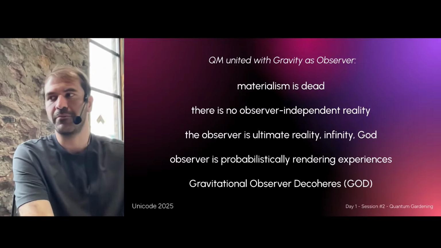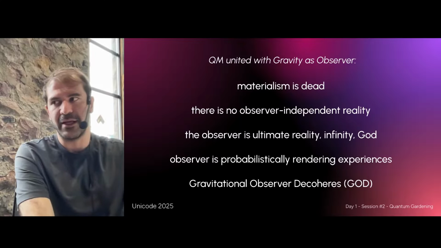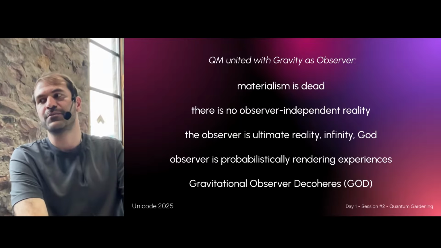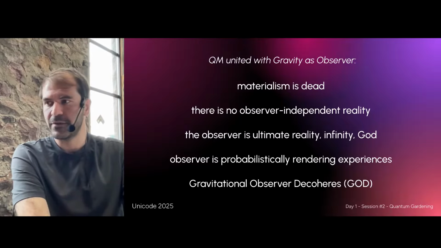So there is no observer-independent reality. The observer is ultimate reality, infinity, and God, and the observer is probabilistically rendering experiences, again, as that acronym, gravitational observer decoherer. God, G-O-D.